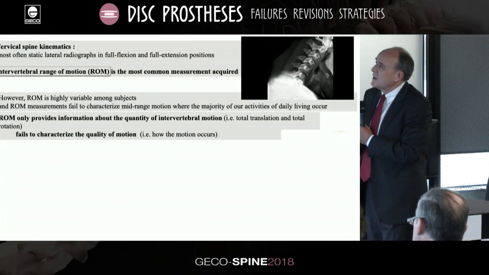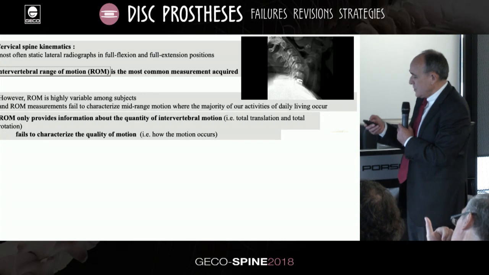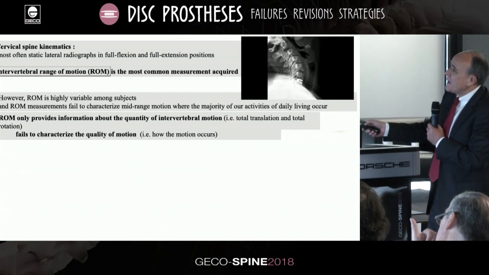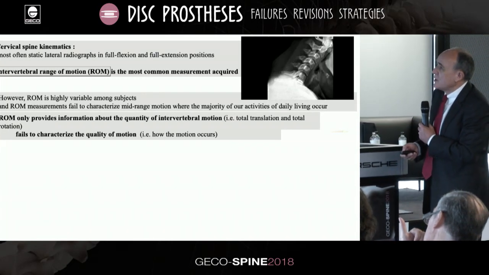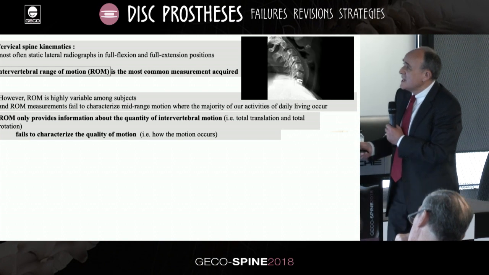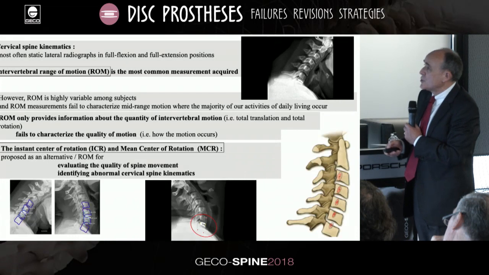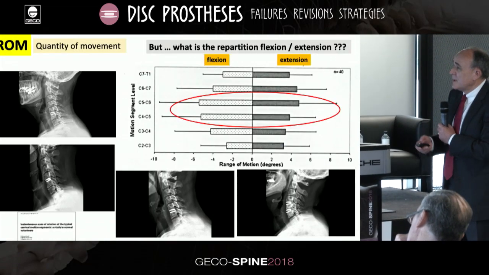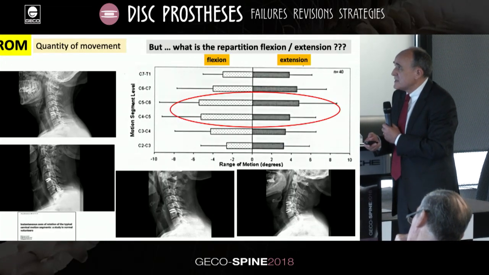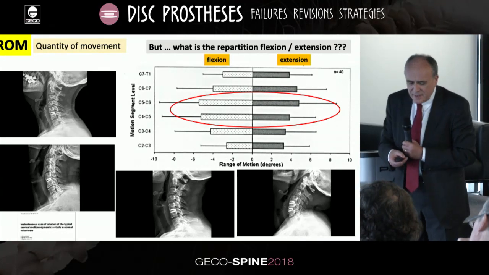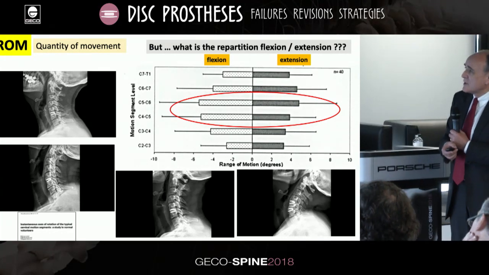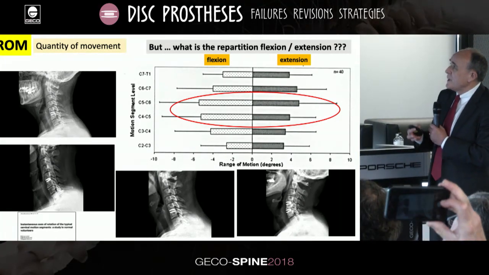So we are accustomed to look at the global range of motion, but what is interesting is to see the quality of this global range of motion. And we were interested in our study to look at the ratio between flexion and extension.